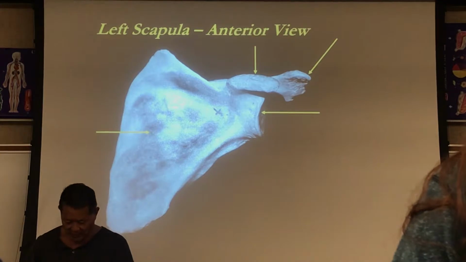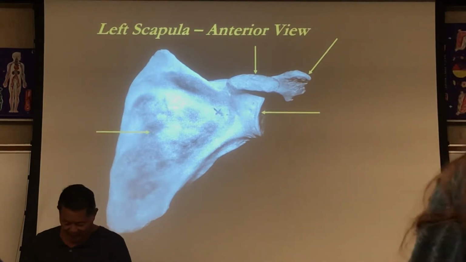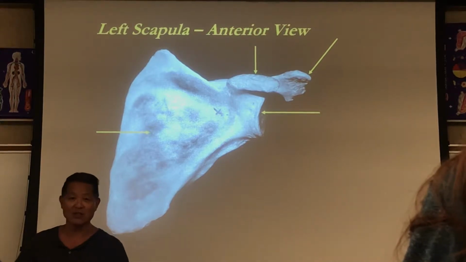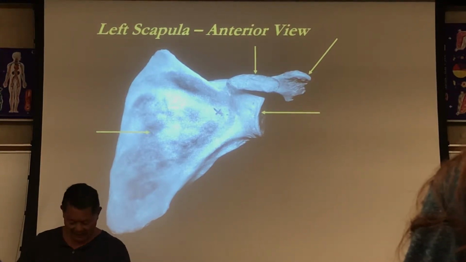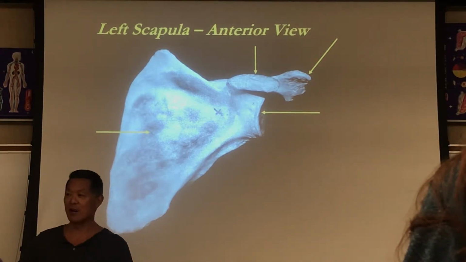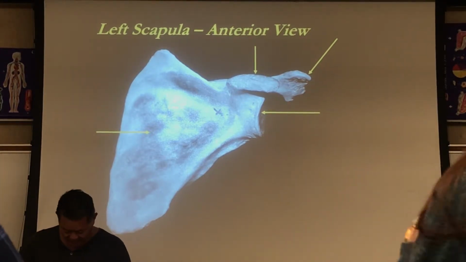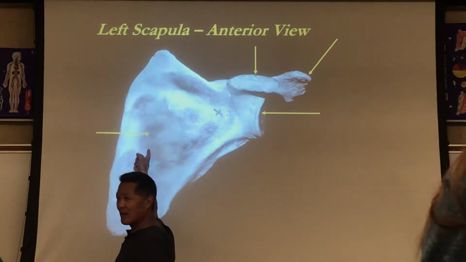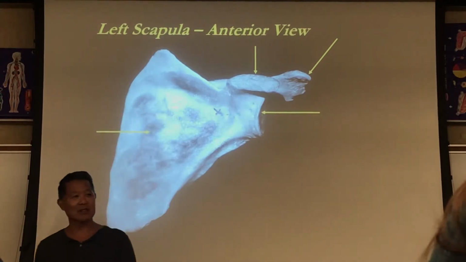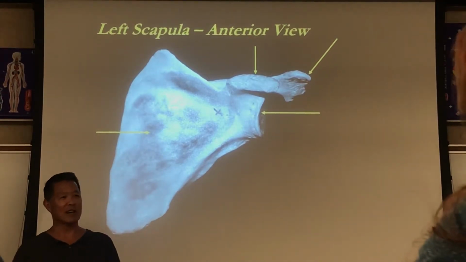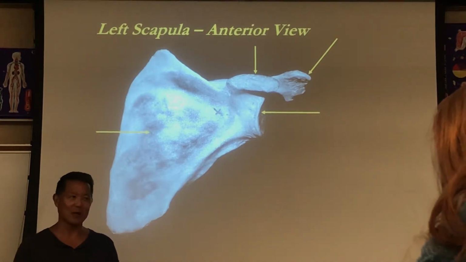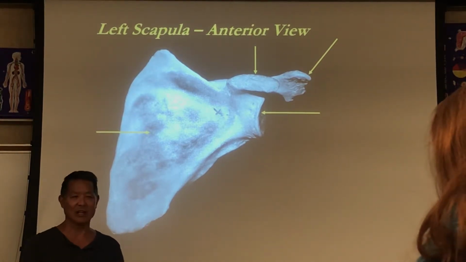Skip the first one, teres minor, but look at these names. Supraspinatus originates from the supraspinous fossa we just covered. Infraspinatus originates from the infraspinous fossa. Subscapularis, from the subscapular fossa. Everybody got it? So a lot of the names of the muscles don't make sense until we learn the bones. That's why we're learning the bones first. Any questions about that?